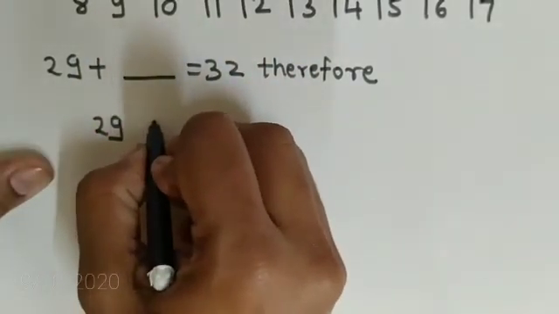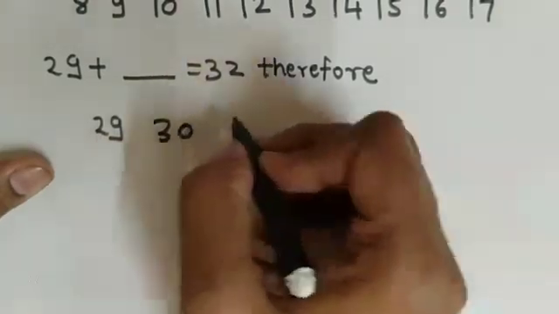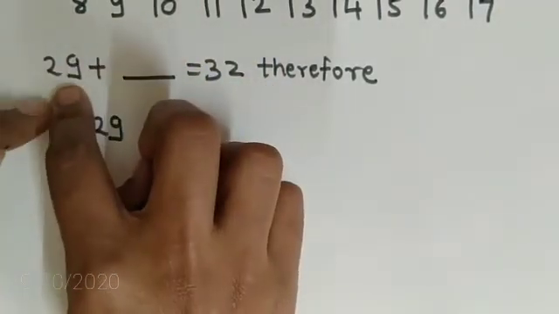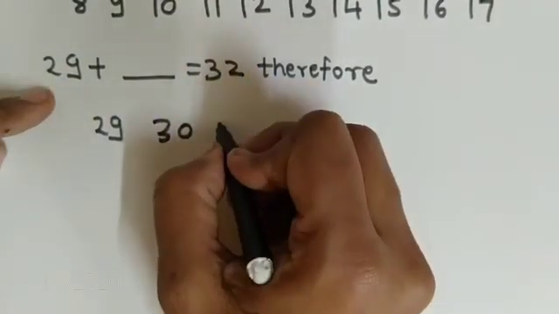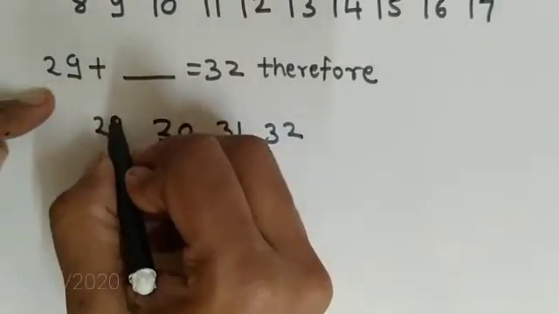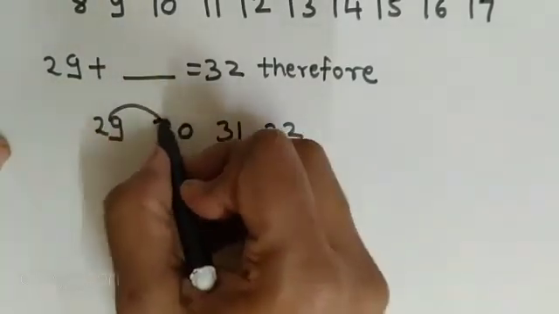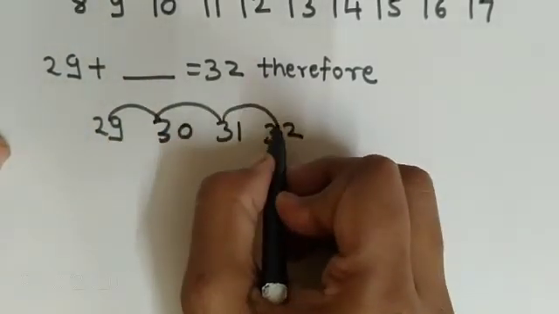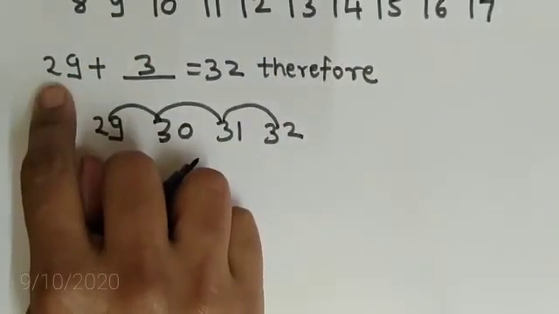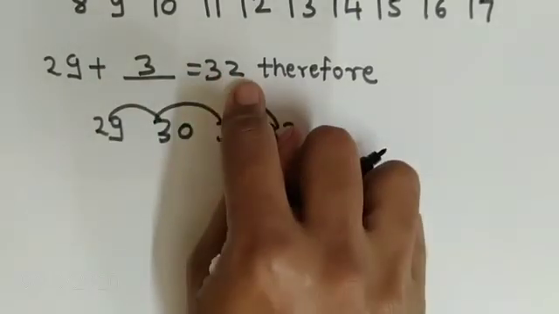We will do first with counting forward. So what we have to do? Write the numbers from 29 till 32. Let's count 1, 2, 3. Means if you are adding 29 plus 3, then you will get the sum 32.